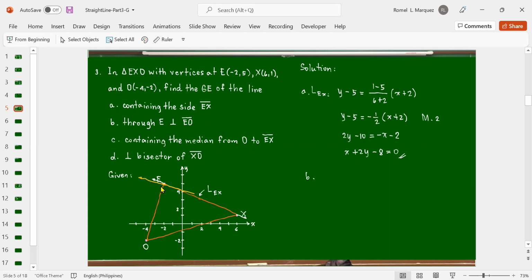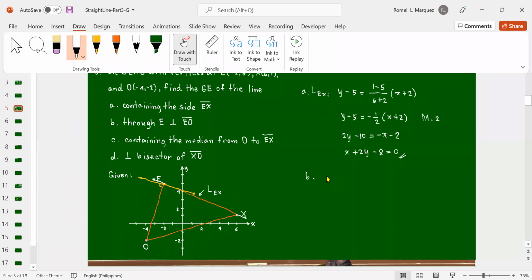So that's the line, no? If we are able to get the line which is the same as x plus 2y minus 8 equals 0, it means the one that is perpendicular to EO is the line segment EX. So meaning it is a right triangle. But if not, then this is not a right triangle, no? So let's see what we can get.